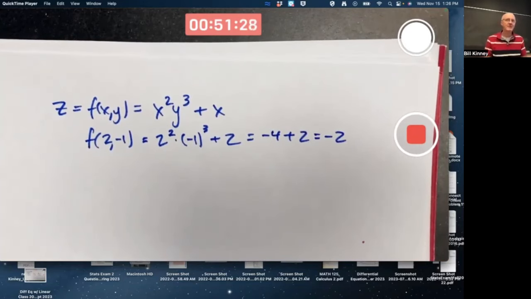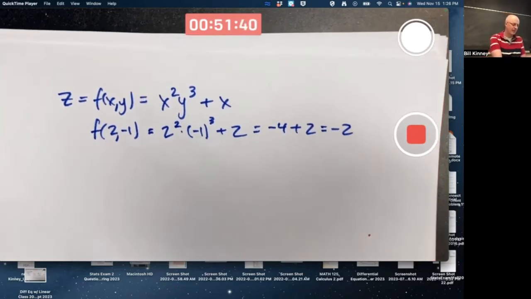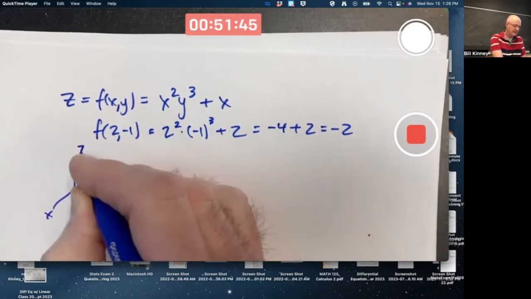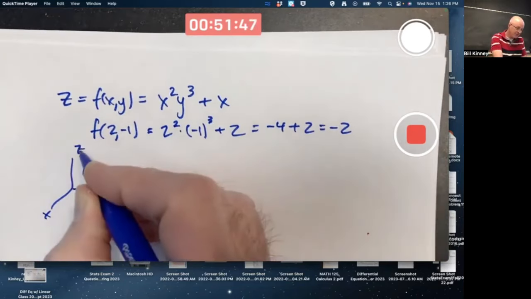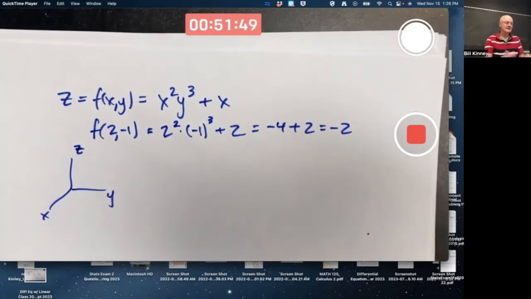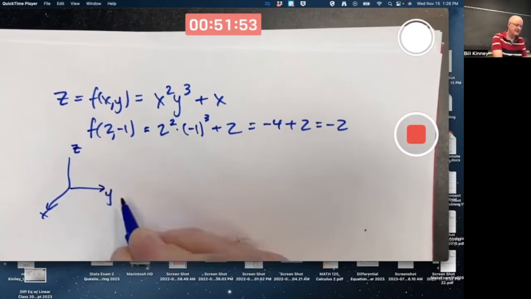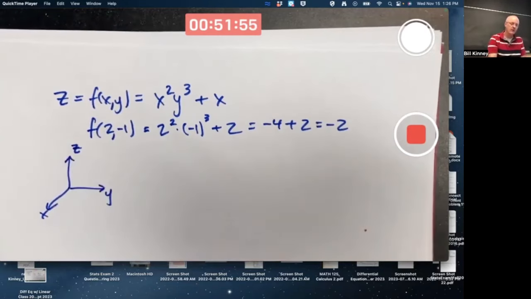Should you be able to graph multivariable functions? That's probably too complicated for us. I mostly, even myself, rely on technology for that. But you should understand the idea of the graph. The concept is you've got a three-dimensional coordinate system. You imagine this to be three-dimensional space, an x-axis coming out of the paper towards you, a y-axis going to the right, and a z-axis going upward.